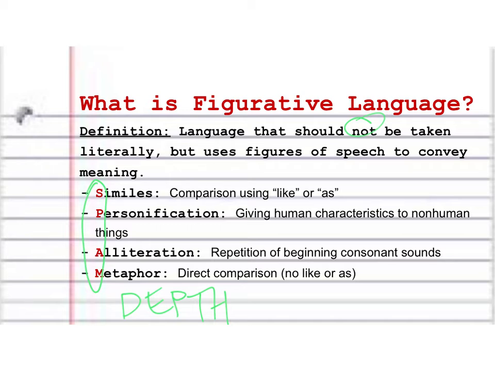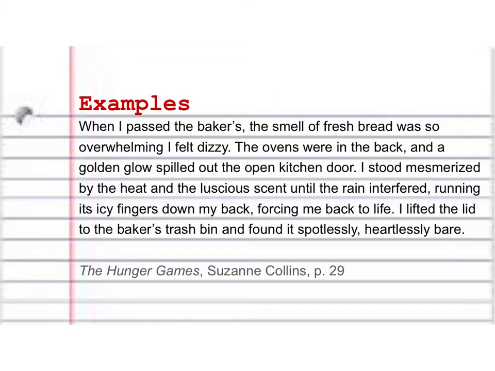And so figurative language is one of the coolest tools that authors use to more fully explain something without using extra words, because they pull in all of these different comparisons and connections that we as a society are familiar with. So let's see how the author of The Hunger Games, Suzanne Collins, uses figurative language.